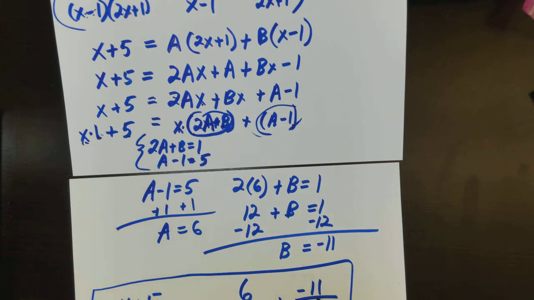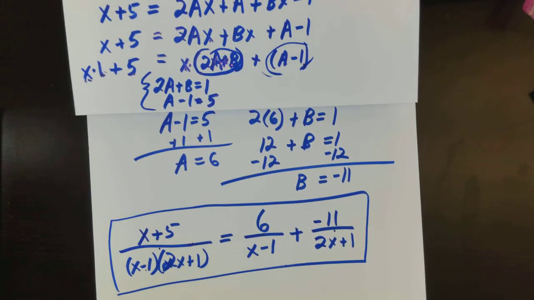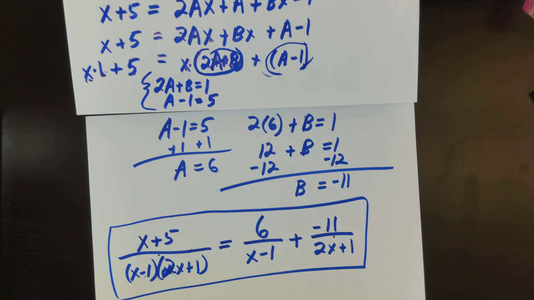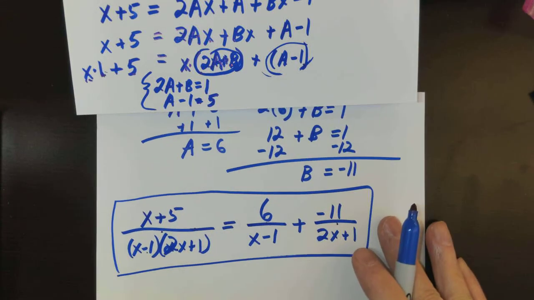This is the partial fraction decomposition of this. You got partial fractions here equaling this. Okay, so that is how that one is done.